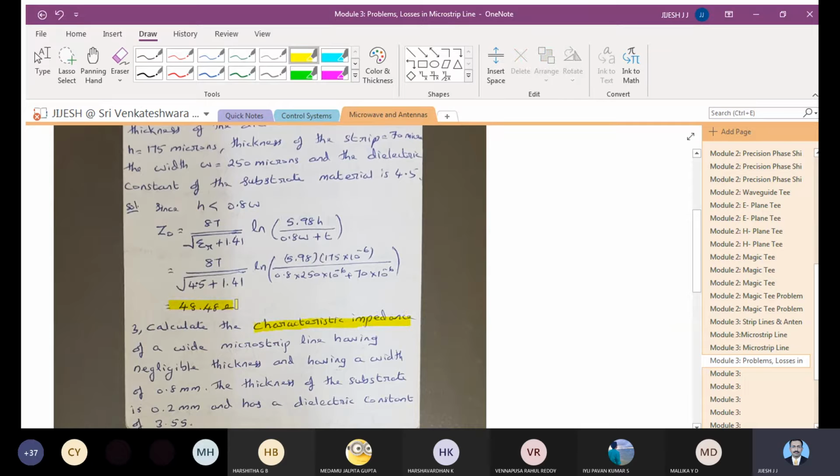You have to calculate the characteristic impedance of a wide microstrip line having negligible thickness and a width of 0.8 millimeter. The thickness of the substrate is 0.2 millimeter and it has a dielectric constant of 3.55. The thing you have to understand here is which equation you are going to use to find the characteristic impedance. You can just try it out.